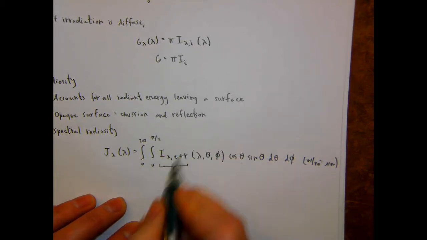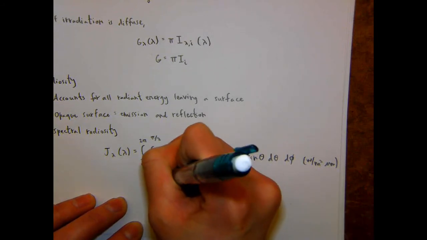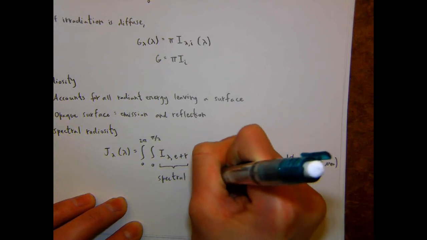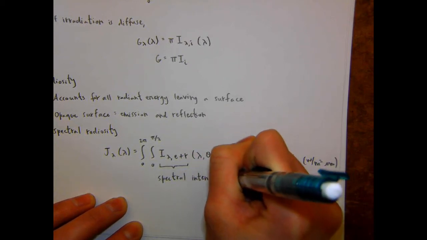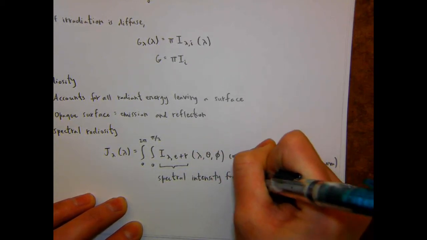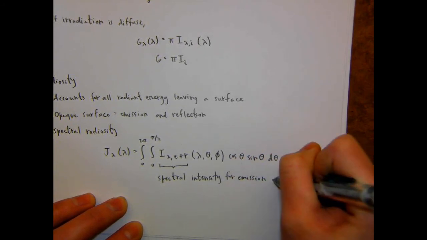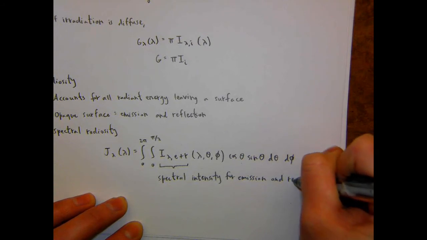And this I lambda E plus R is the spectral intensity for emission and reflection.